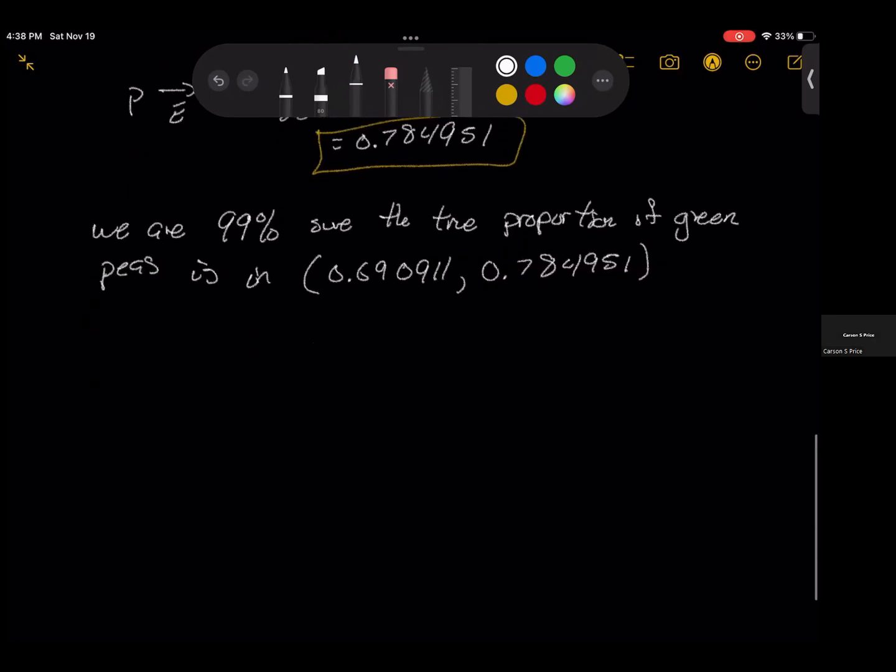Or as percentages, and let's round to 2 decimal places, we'll say 69.09% up to 78.50%.